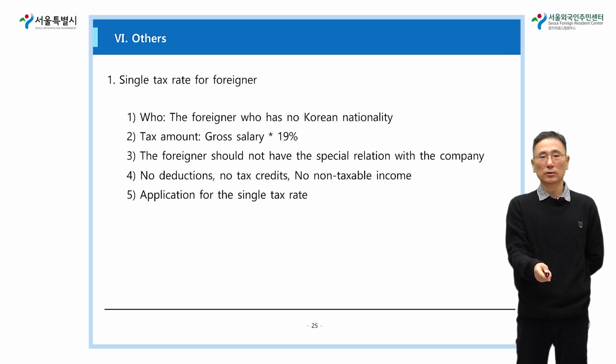Okay? So tax amount is the gross salary times 19%. Even if your gross salary is over 1 billion Korean won, a huge amount, this is a very big benefit. Very big benefit for foreigners.